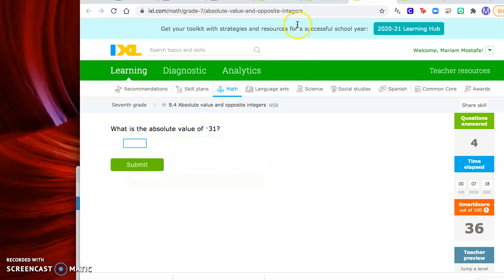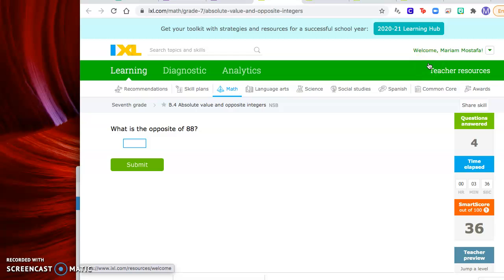Same thing, the absolute value of negative 31 would just be a positive 31. The absolute value of any number is literally the positive version of that number, regardless. So here, the absolute value of negative 6 is a positive 6.